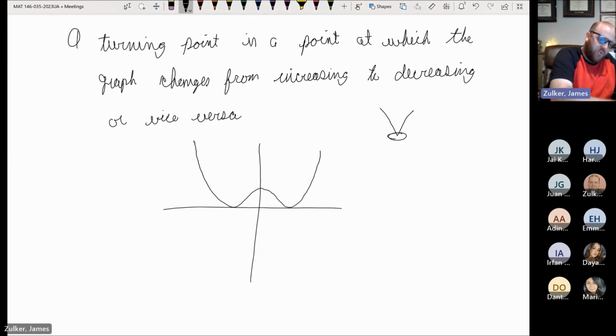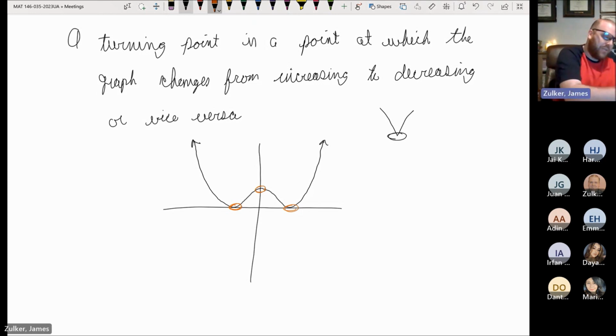But the graph I drew before is a polynomial, continuous, no jagged edges. It's completely smooth. So if we look here, here's a turning point. Here's a turning point. And here's a turning point. It has 3 turning points.